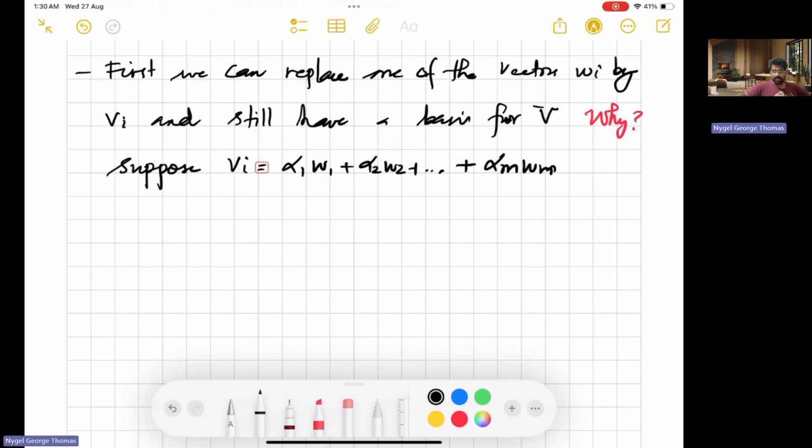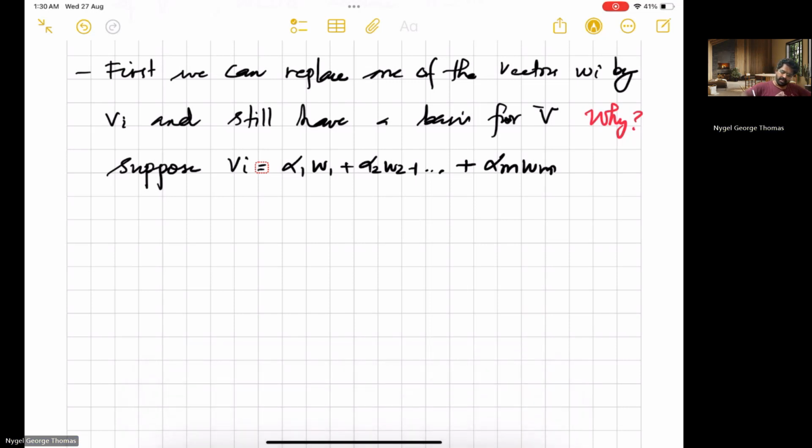Why is it so? Because w is a basis, so it spans V. So any vector can be expressed as a linear combination of the basis. It just needs to be a spanning set.